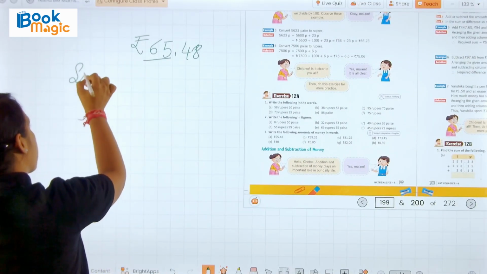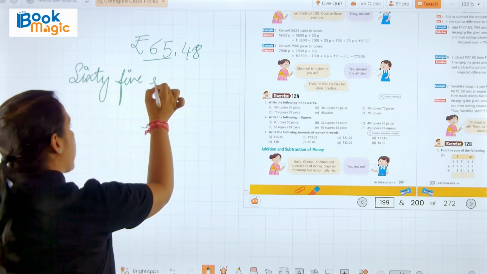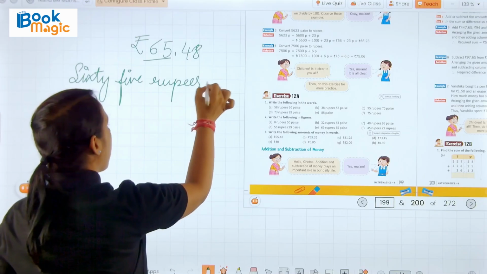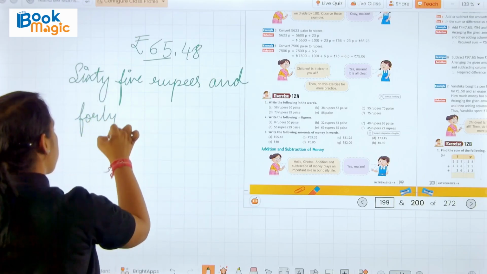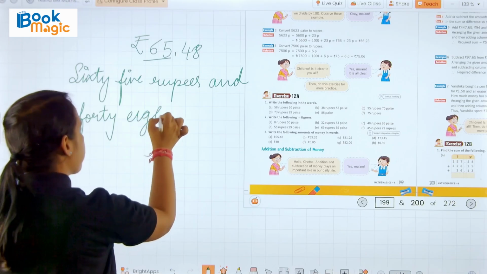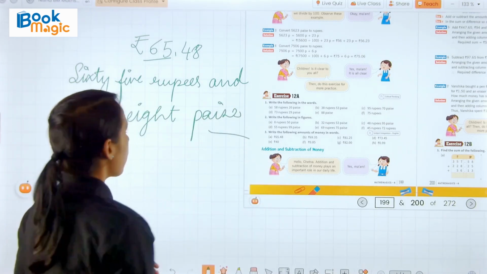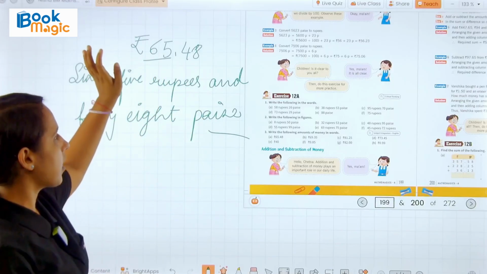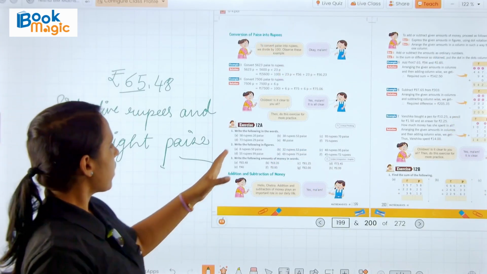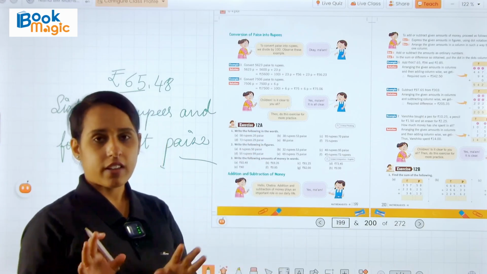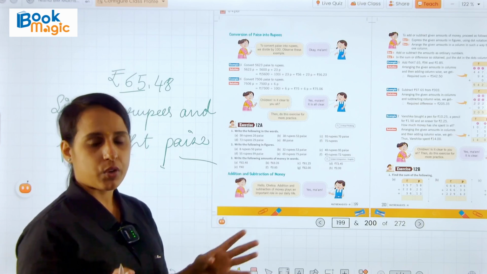So here we write 65 rupees and 48 paise. Okay, so in this manner we can write this figure into words also. So in this manner we can easily solve exercise 12a. In this we have to write the following amount into words only.